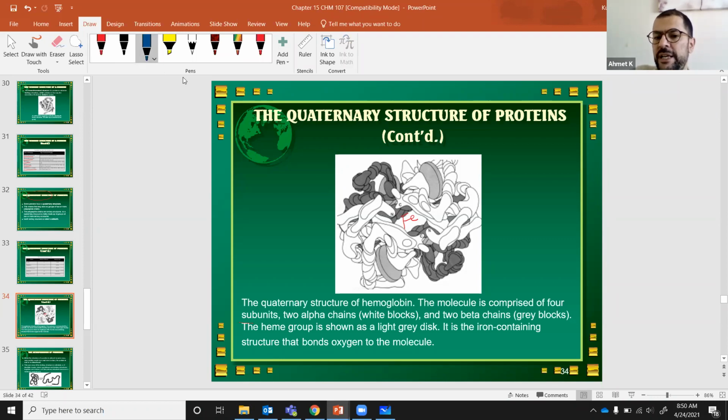So the oxygen can bind the iron, 1 oxygen from the top, and 1 oxygen from the bottom, like that, so that it can carry the oxygen in our body, okay? So this is the last structure of the protein. Makes sense, right? So the quaternary structure is putting together 1 or 2 or 3 tertiary structures all together. All right.